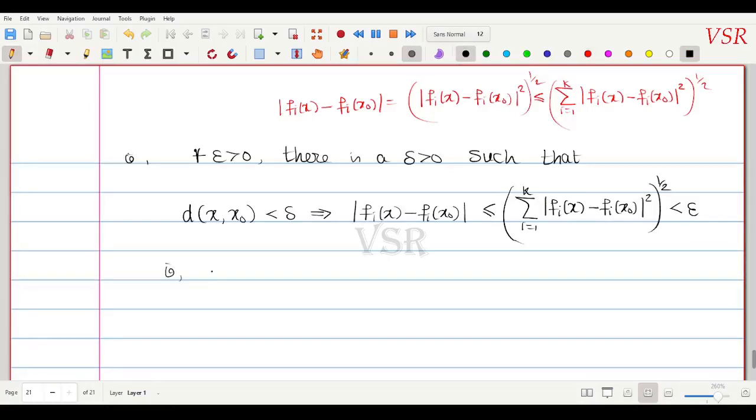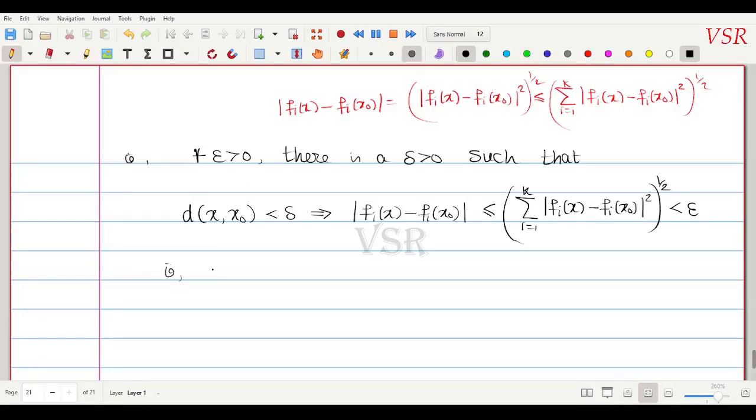So for every epsilon positive and i belongs to the closed interval 1, 2, to k. Let me write all this afresh from the beginning.